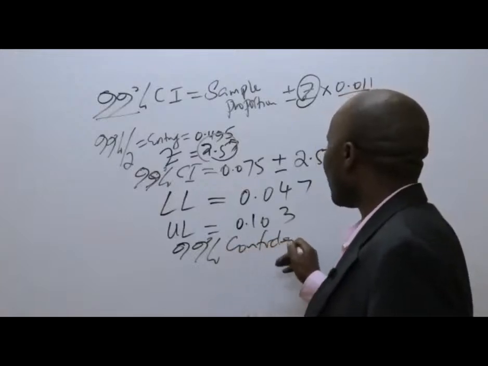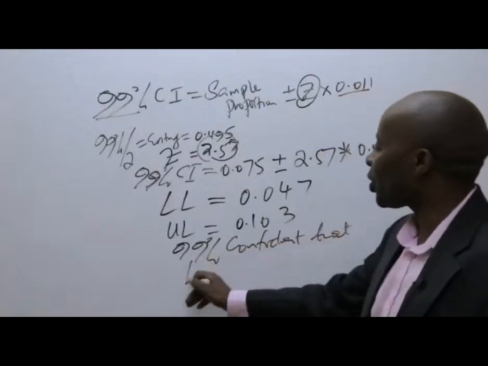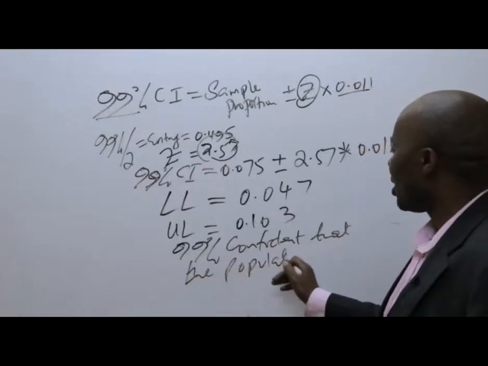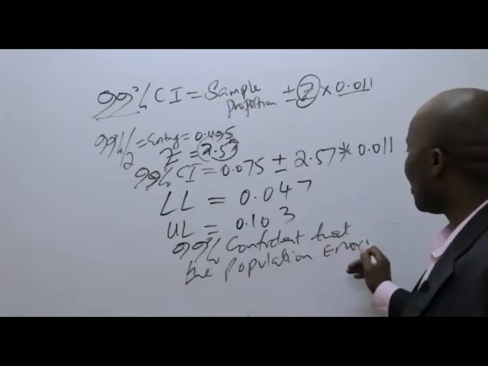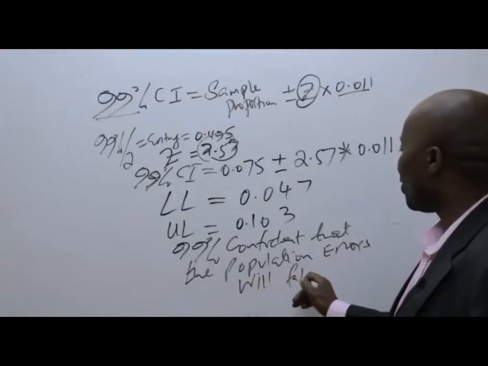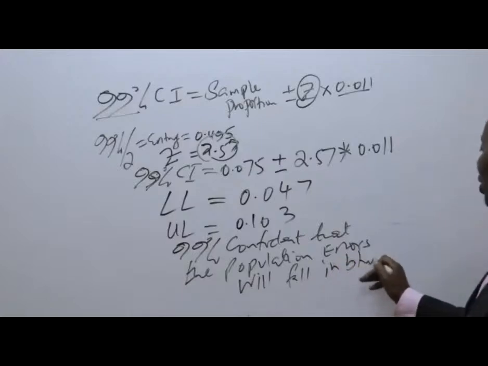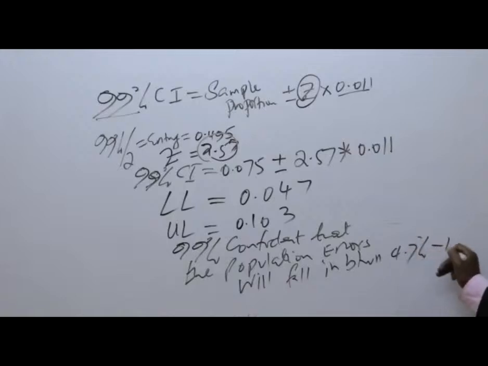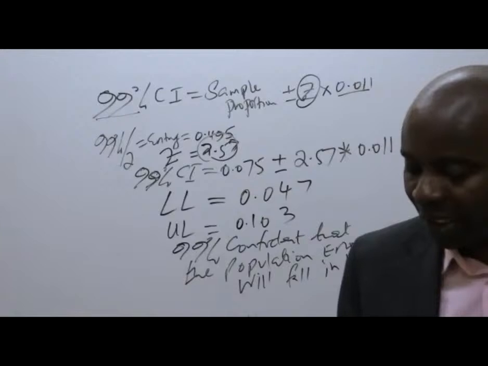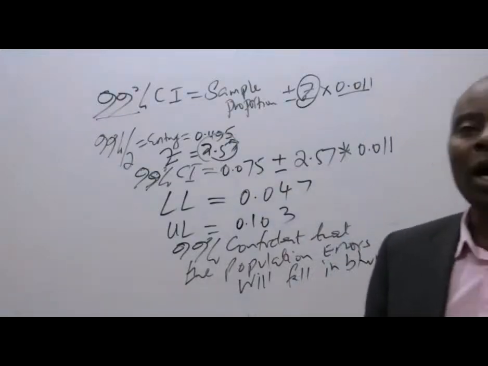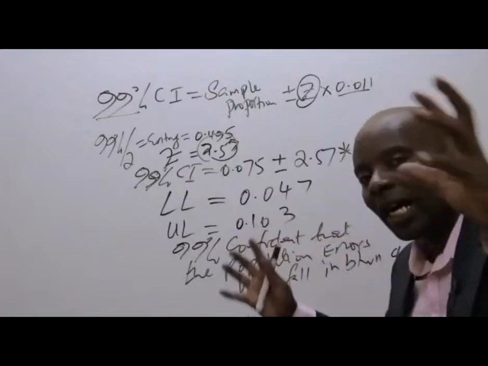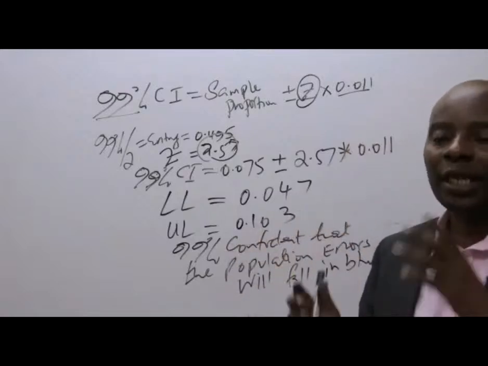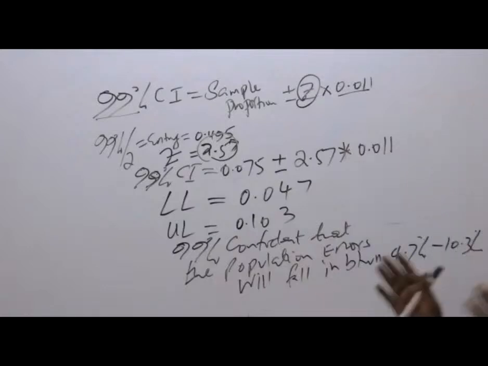We are 99% confident that the population errors will fall between 4.7% and 10.3%. We are 99% sure that should these people go through all the accounts of the company, they are going to get the errors fitting in between here.